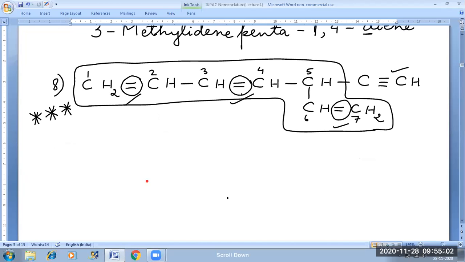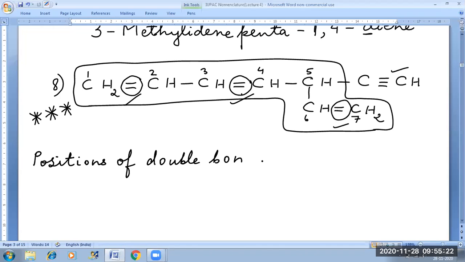This is the main chain. Positions of double bonds. That is why I'm writing this.